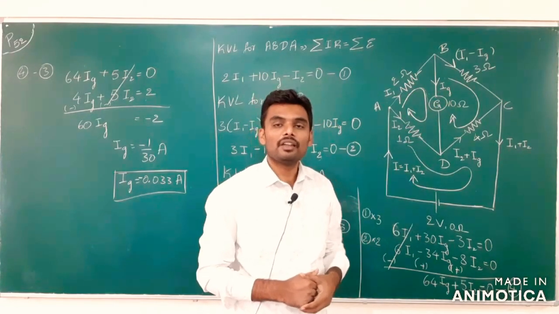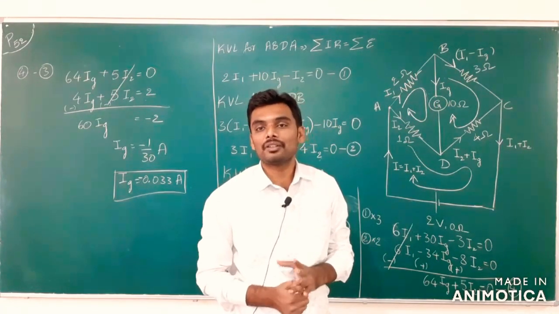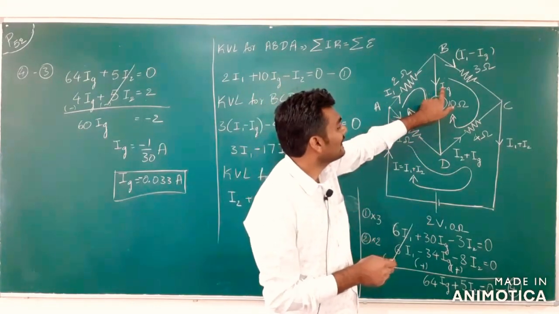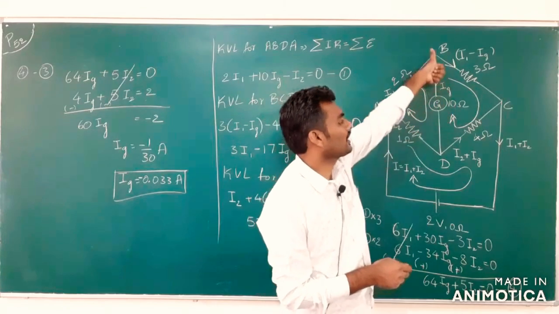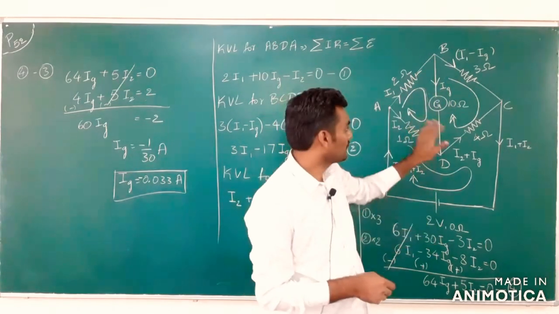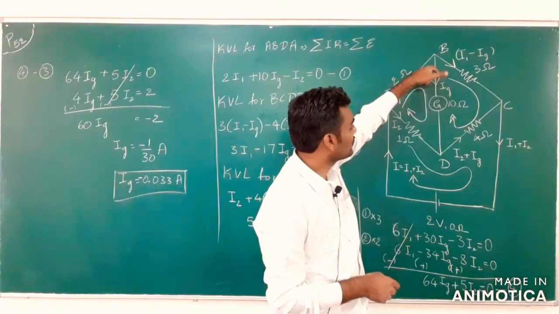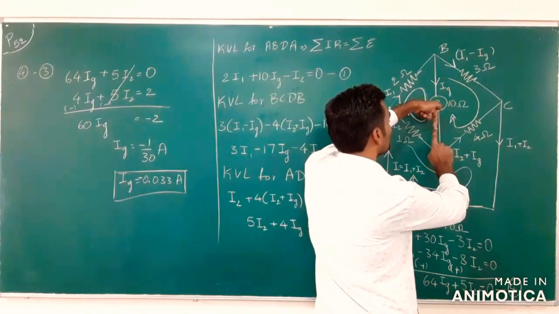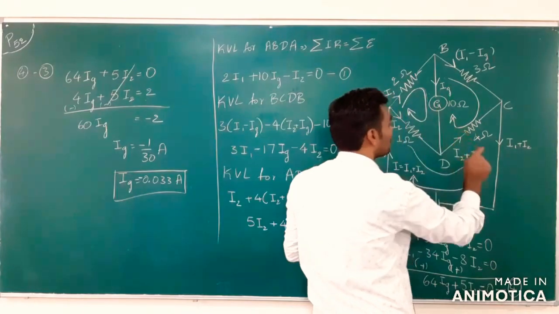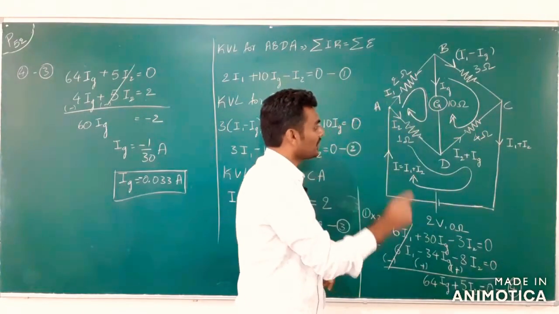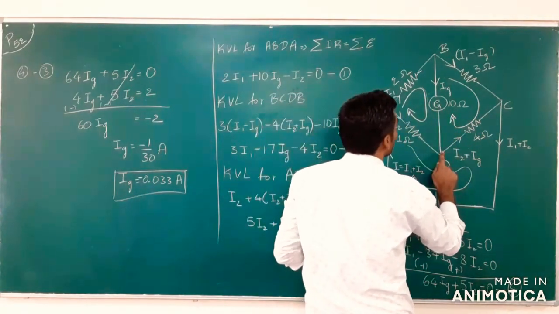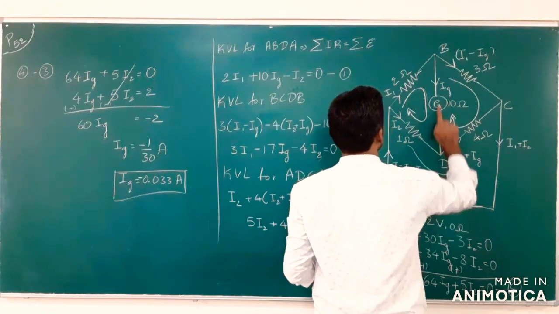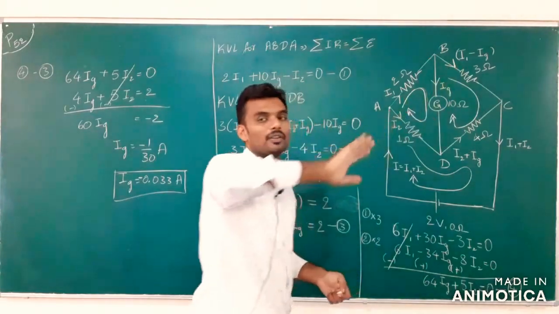But the value of Ig that we obtained has a negative sign in it, which means that Ig is actually in the opposite direction. Okay, what we considered is this direction of current through the galvanometer as positive, but the actual value that we obtained is negative, which means that in reality, physically, current is flowing through the galvanometer in this direction from D to B. Okay, don't need to worry now.